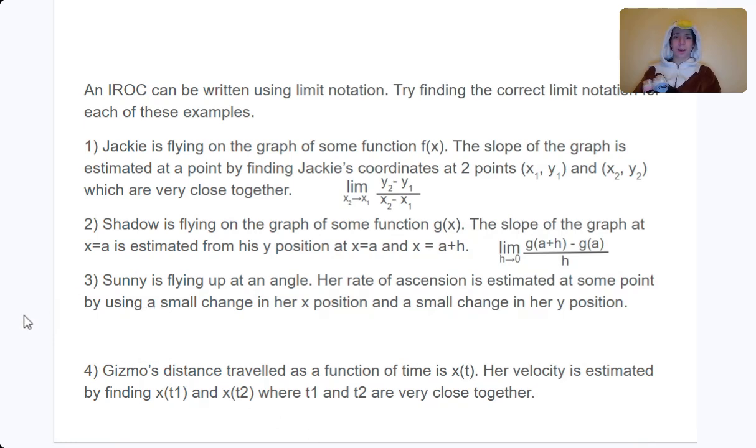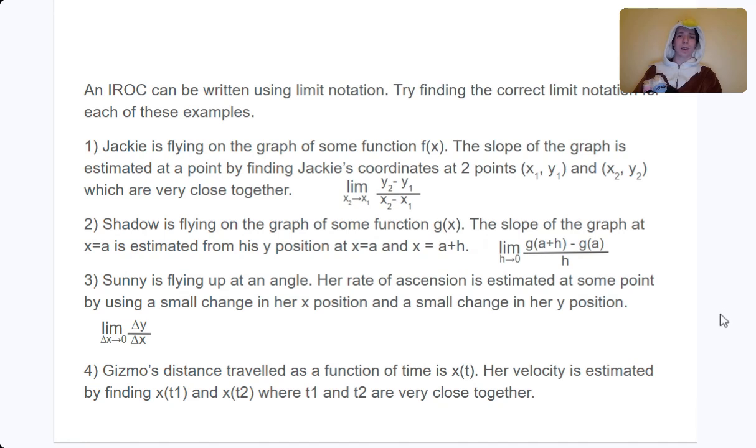Now, Sunny is flying up at some angle, and her rate of ascension is estimated at some point by using a small change in her x position and a small change in her y position. When you see small change in x, small change in y, you want to think delta y over delta x, and we're taking the limit as delta x approaches 0. And finally, Gizmo's distance traveled as a function of time is x of t.